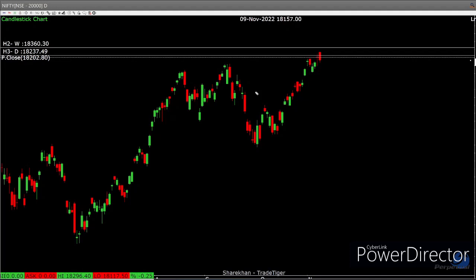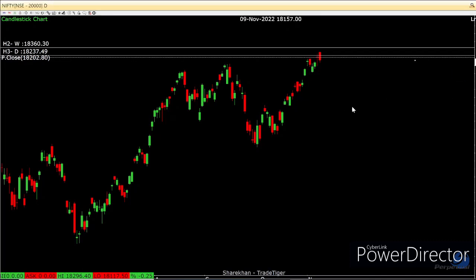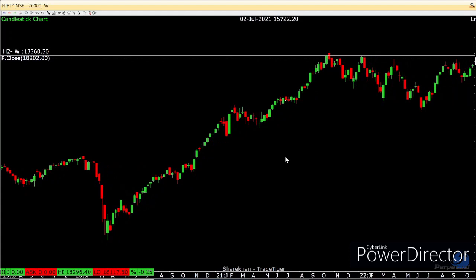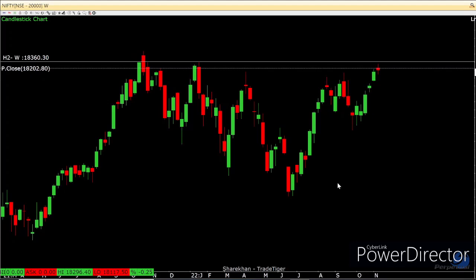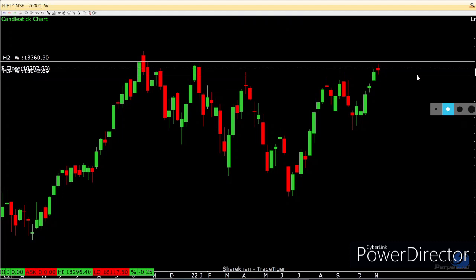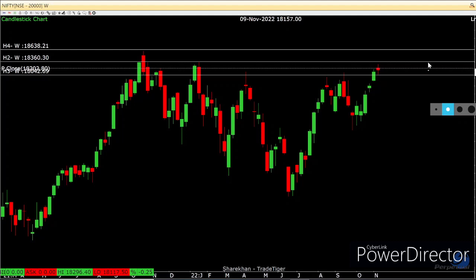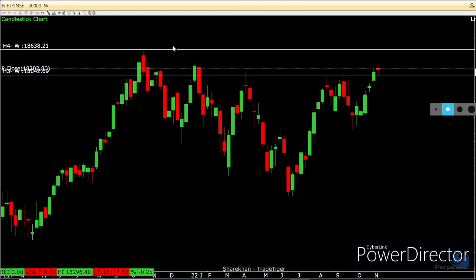So I'll go back to the weekly chart again. I'll tell you what you should be looking out for mainly. So this was the main supply zone that was formed on the weekly chart.